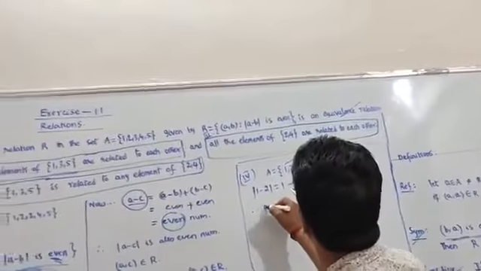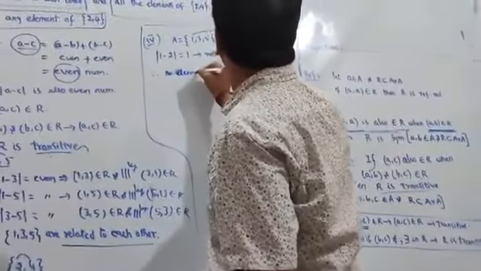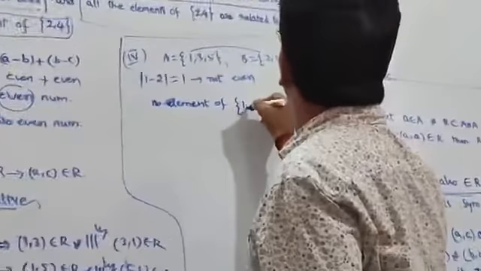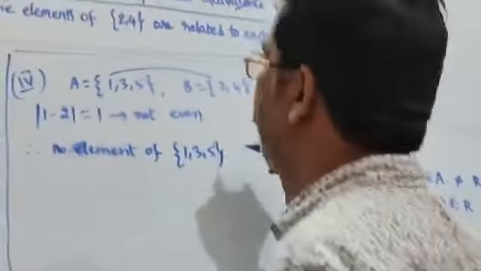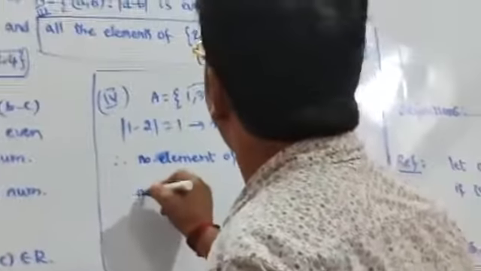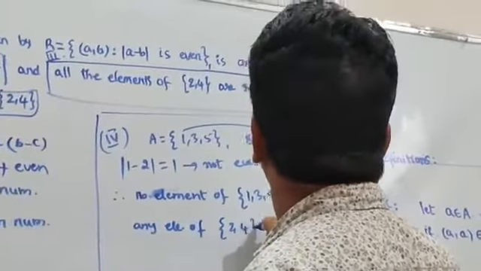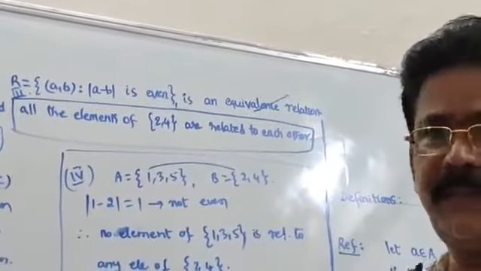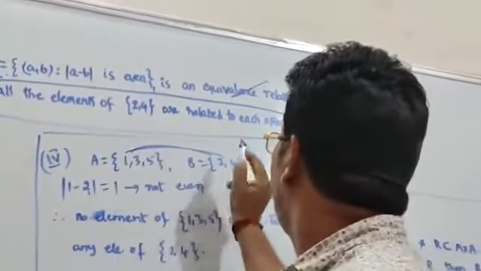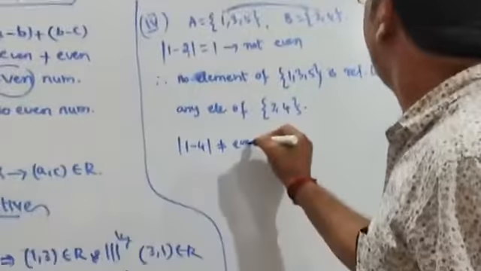Therefore, no element of the set {1, 3, 5} is related to any element of the set {2, 4}. If you want the complete proof: 1 minus 2, not even. Next, the modulus of 1 minus 4 is not even.